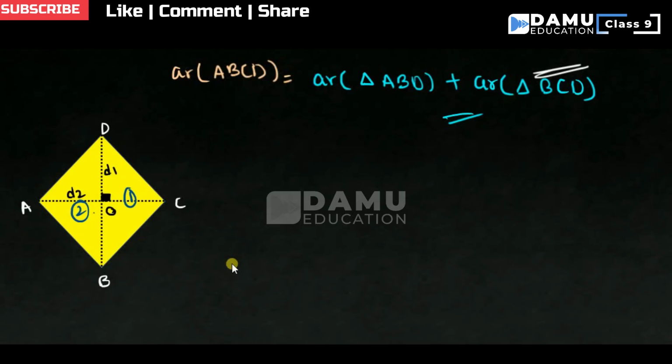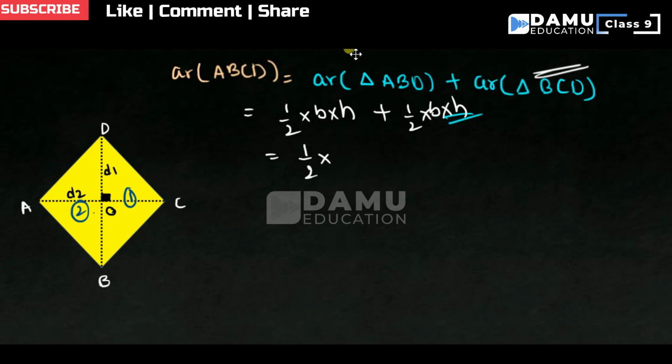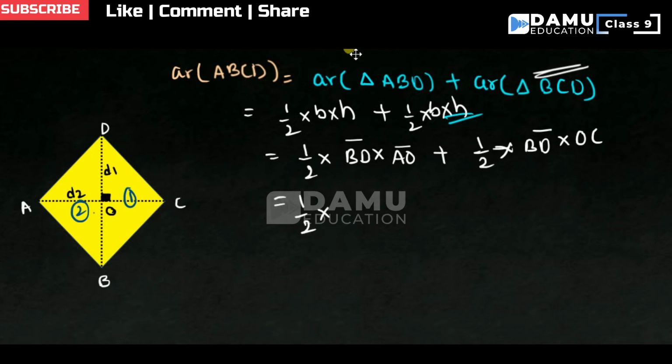So area of rhombus ABCD equals, the area of ABD is half into base into height, and for BCD also half into base into height. In triangle ABD, the base is BD and the height is AO, plus half into, in triangle BCD, the base is also BD and the height is OC.